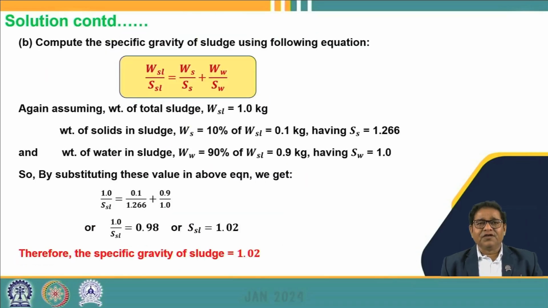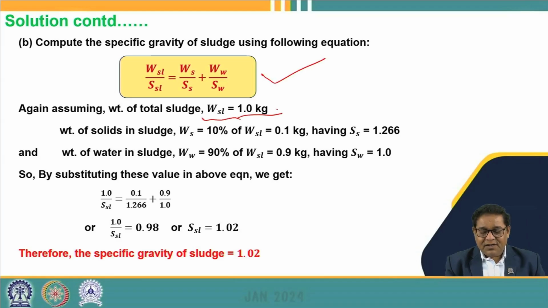So now using this specific gravity of the total solids, we can further find out the specific gravity of the sludge using this formula. Here if we see the weight of the sludge, we have already assumed this is 1 kg, and it says 10% of the sludge means 10% will be the solids and the rest will be the water.